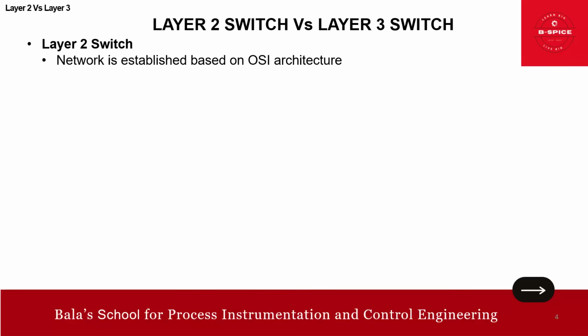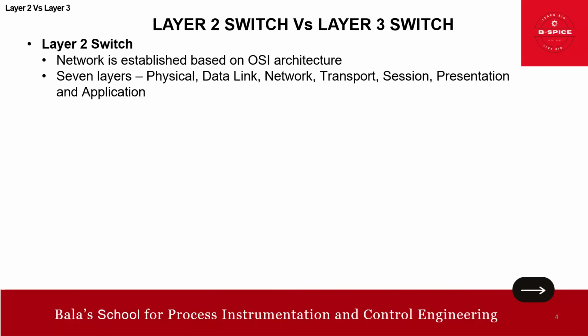Layer 2 is established based on OSI architecture. Of course, I don't know whether you have gone through it. If you have not, you can also watch that video; you can get benefit there. There are 7 layers in OSI: physical, data link, network, transport, session, presentation, and application.